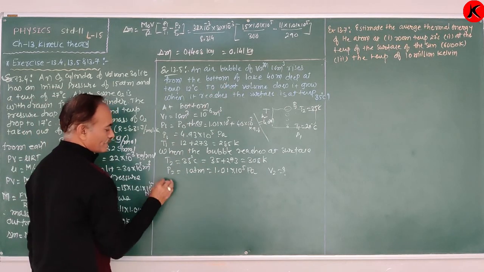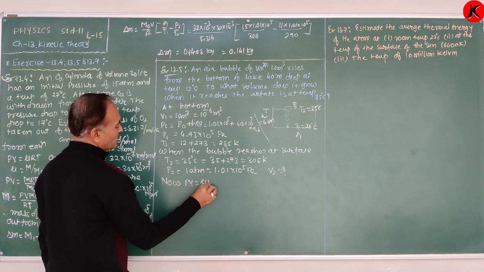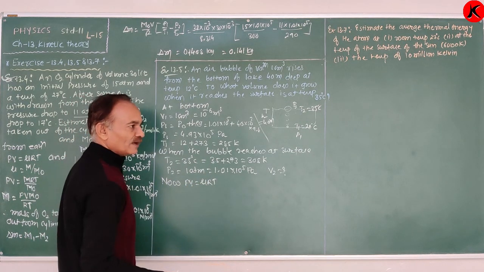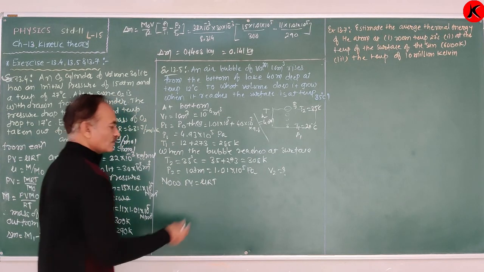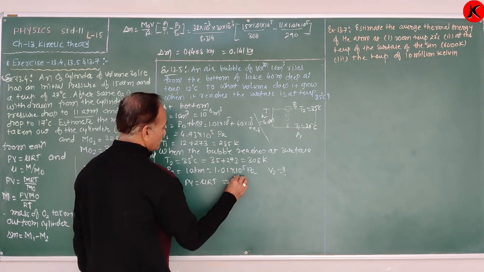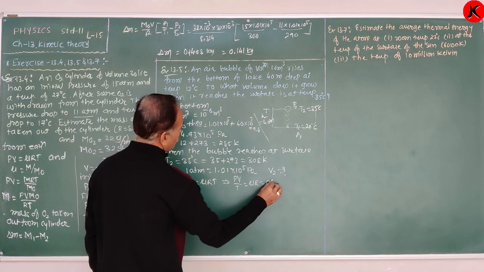Therefore, the equation is PV equals mu RT. Mu and R are constant. Therefore, we can write PV upon T equals mu R, which is a constant.